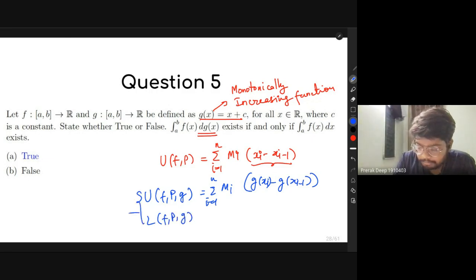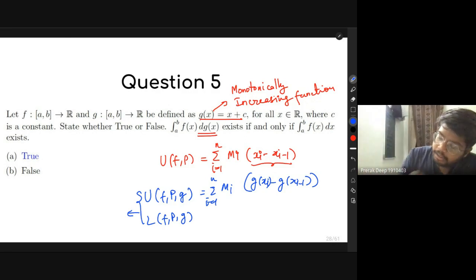And now with this dependency, you again do a similar definition. Then we similarly define the Riemann integral. But now this Riemann integral depends on g, and this integral is known as the Riemann-Stieltjes integral.